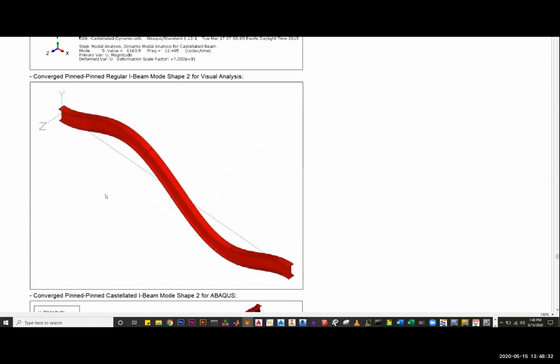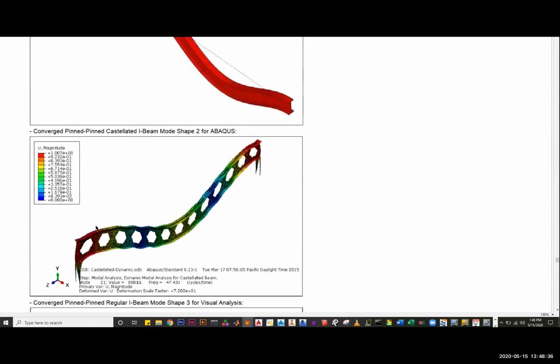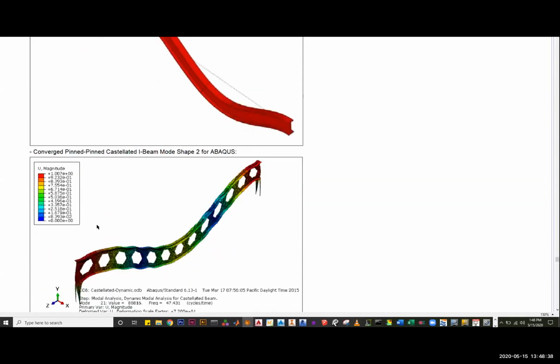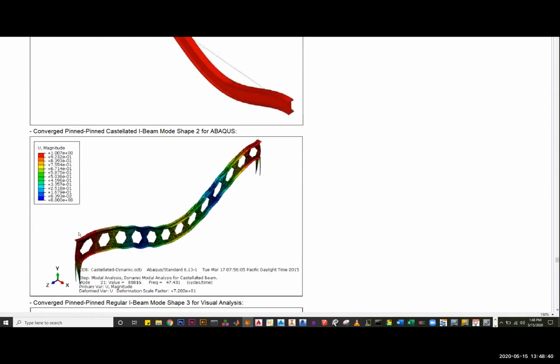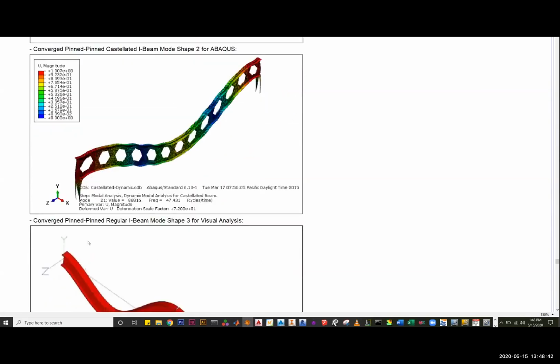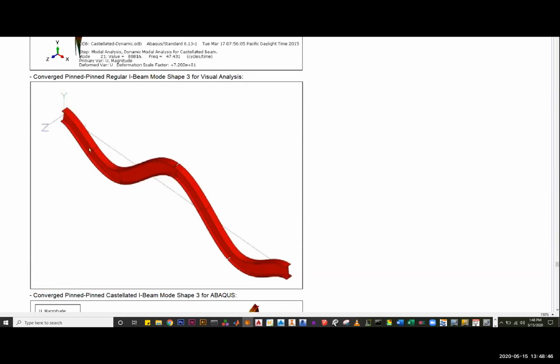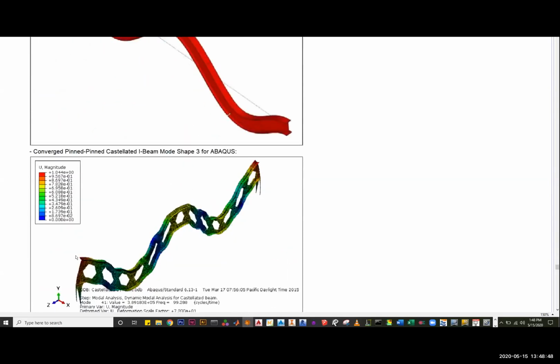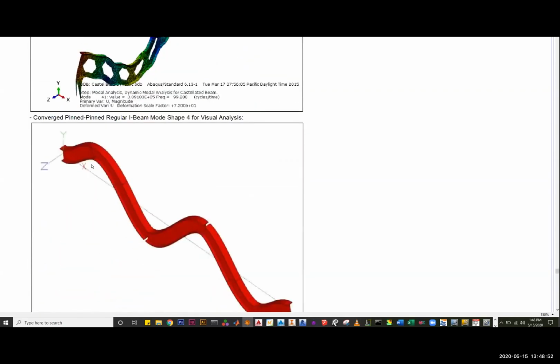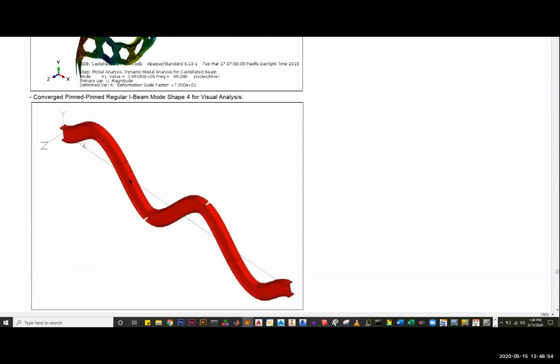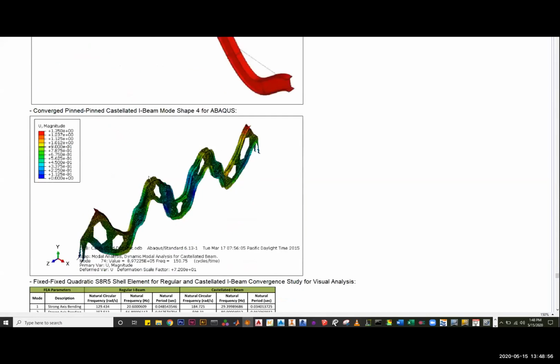Then the second mode shape, the second band, and the other one for the second mode shape. You get a third band for the third mode shape, and then the castellated. And the last band is the fourth band, and then the castellated.